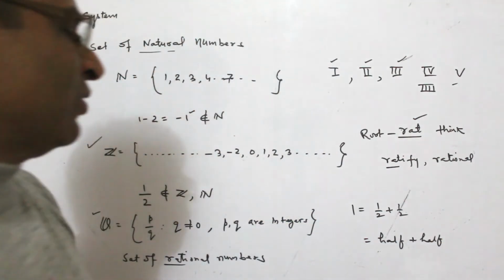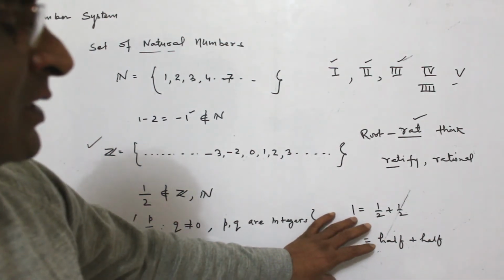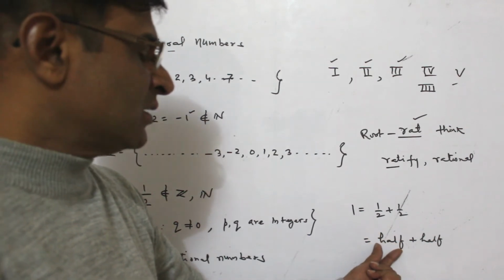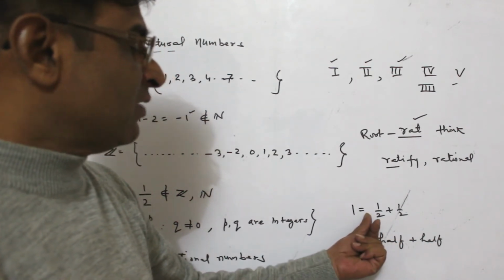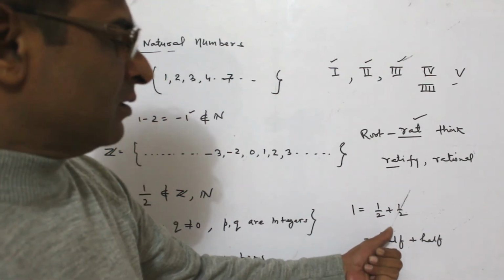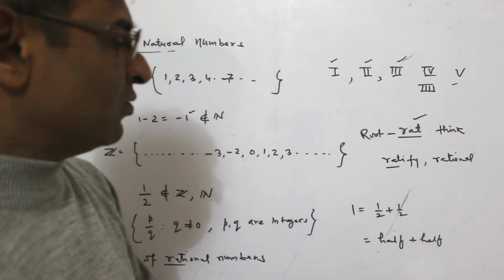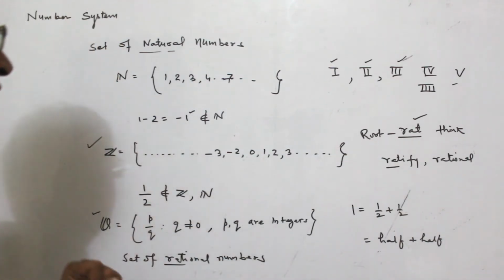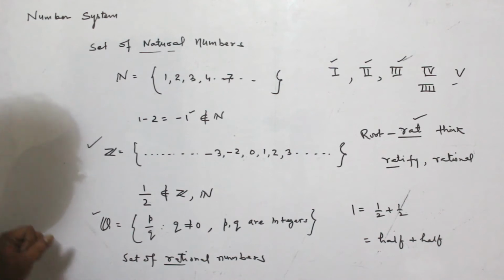You can also say that mathematics is a type of stenography. The language is symbolized in the form 1 by 2, so half is a symbol used. So it is a type of stenography also.